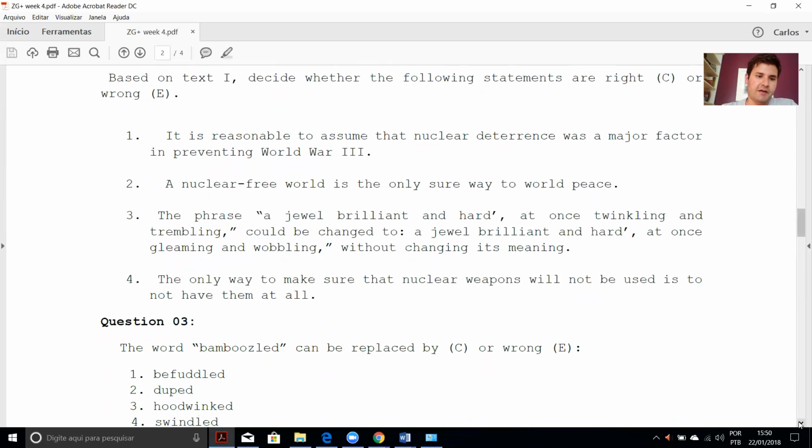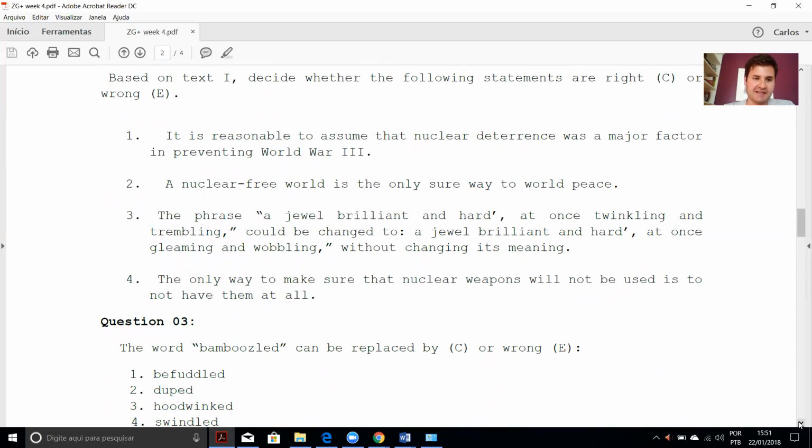And number 4, the only way to make sure that nuclear weapons will not be used is to not have them at all. Here, look at the word only, then an alarm bell should ring. You should read it carefully. But this one is correct, because this one is exactly what the author says.